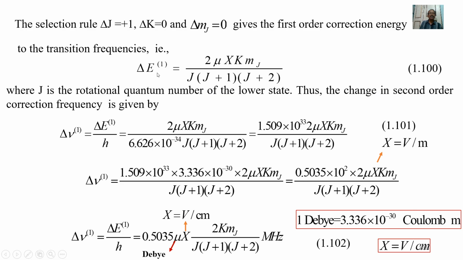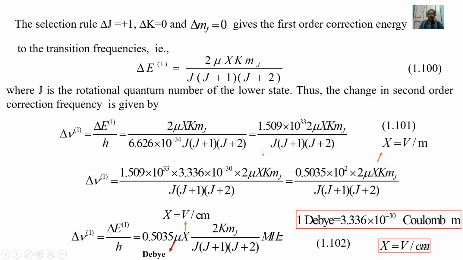If we divide by h, that will give us the change in correction frequency, which is equal to 2 mu X K M_J divided by h. The value of h is 6.626 times 10 to the power minus 34. Now 1 divided by 6.626 times 10 to the power minus 34 will give us 1.509 times 10 to the power 33. That is equation 1.101.